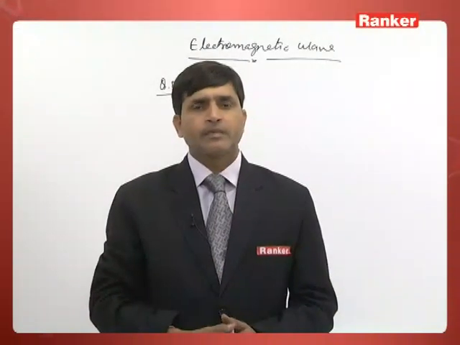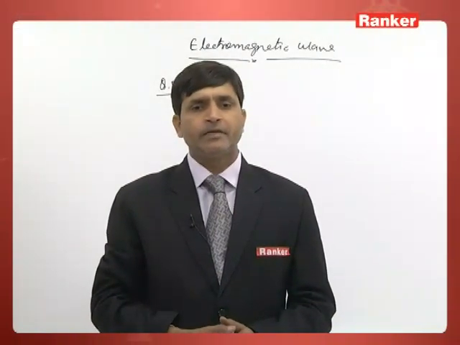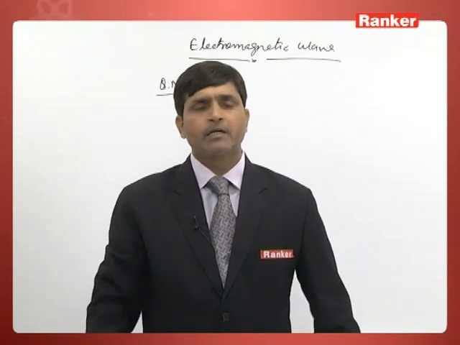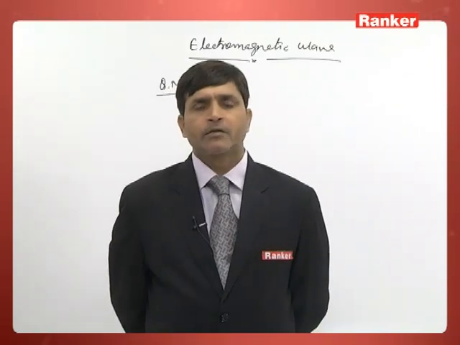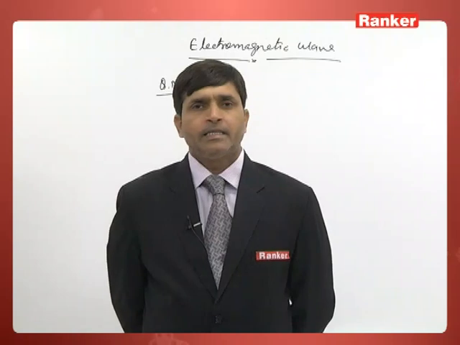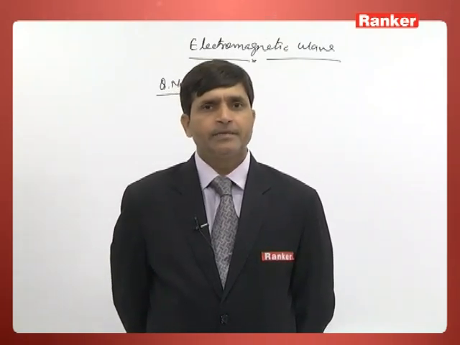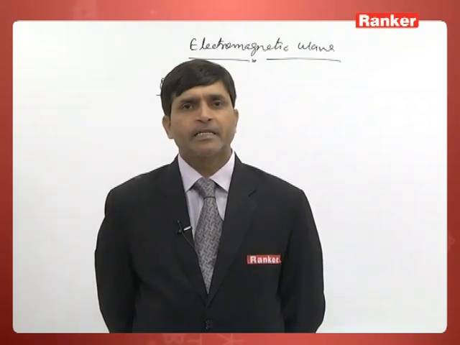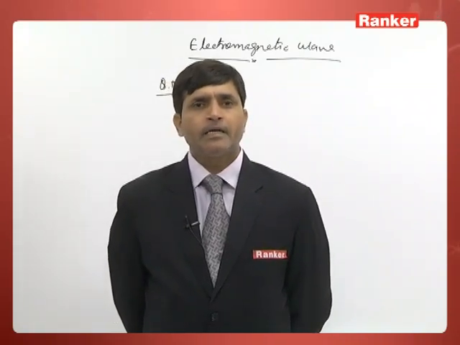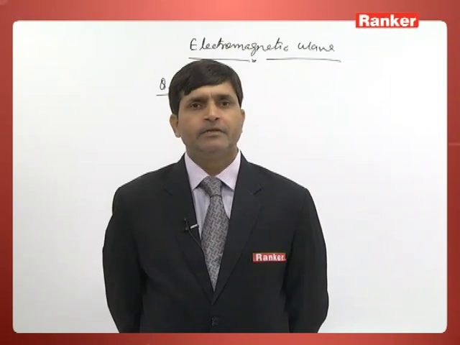As we know, either you have light wave or visible light or microwave, both are electromagnetic waves, and these waves can be generated by the superposition of electric field and magnetic field vectors. How are we differentiating these waves?